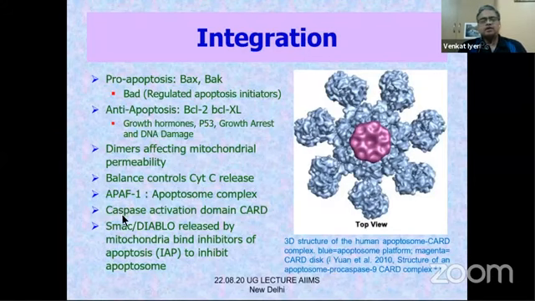The APAF1, on the other hand, forms this large complex called the apoptosome. This apoptosome is a complex where multiple proteins assemble. There are caspase activated recruitment domains, or CARDs, which are generated, and these in turn have both inhibitory and pro-apoptotic signals integrated on the apoptosome.